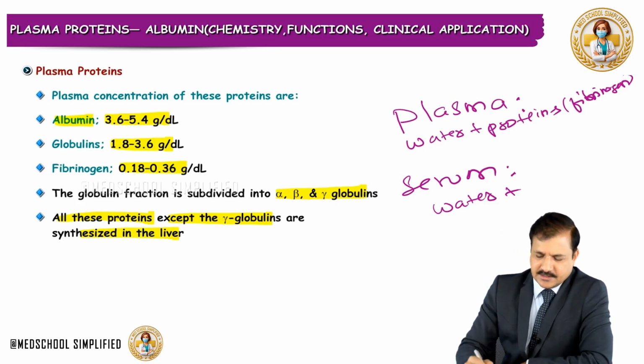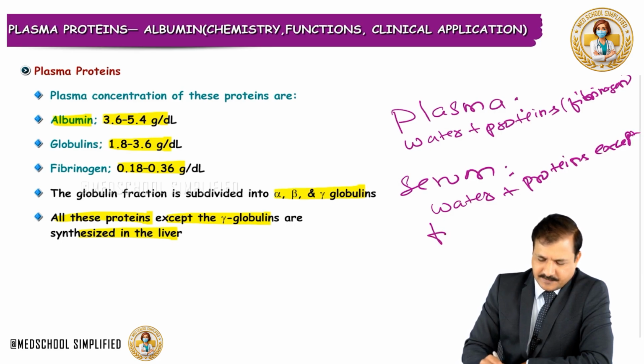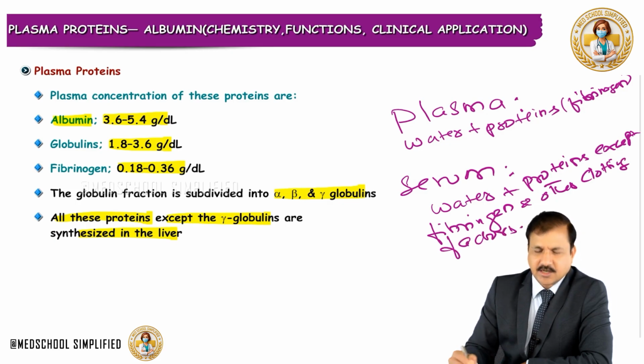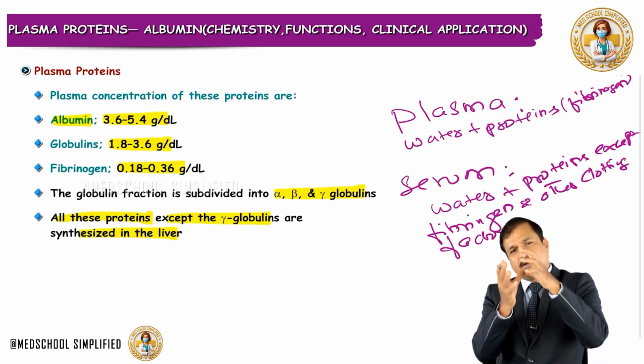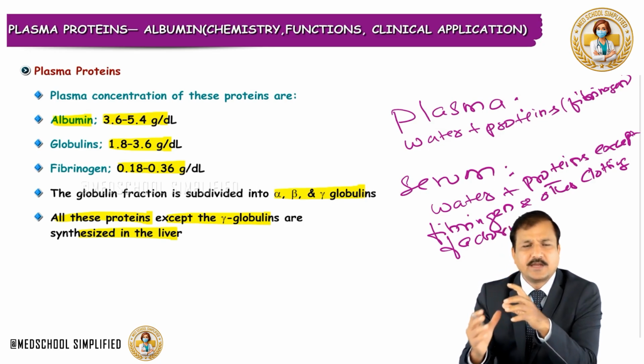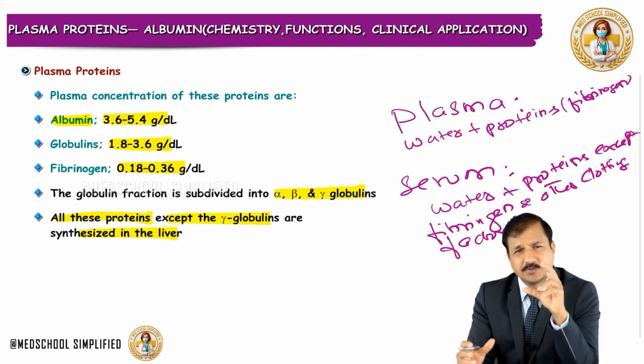That means it is water with proteins except fibrinogen and other clotting factors. So you don't find fibrinogen and other clotting factors in the serum because the blood clot has been made. This is the difference between plasma and serum.